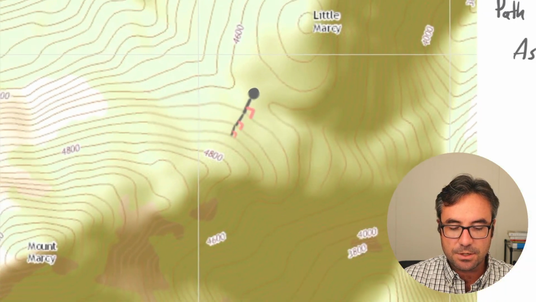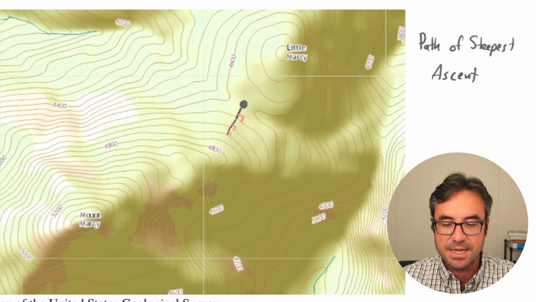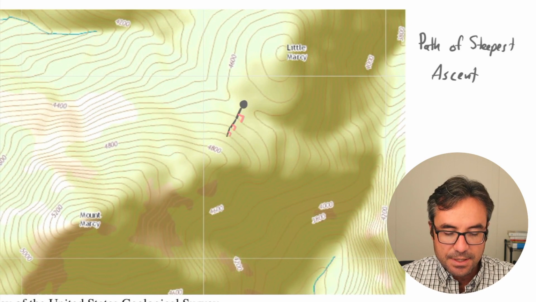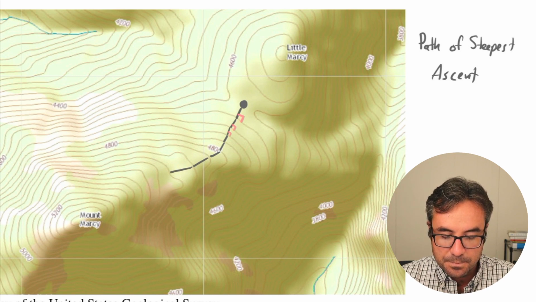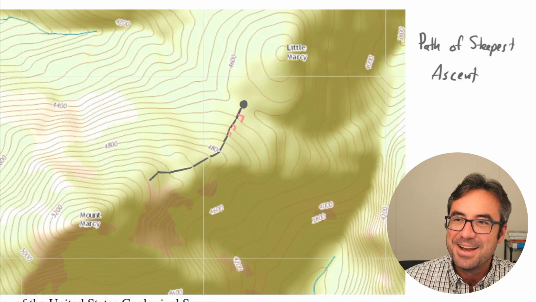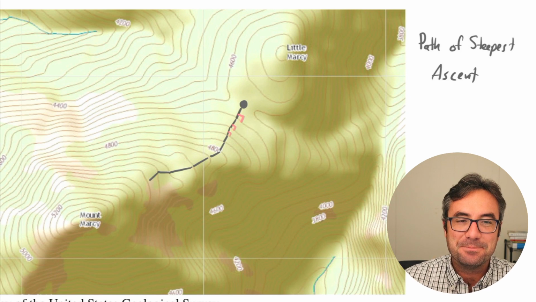And so we get what's called a path of steepest ascent, and we can use this to help us find where we might have a maximum. We can work our way up the mountain that way.